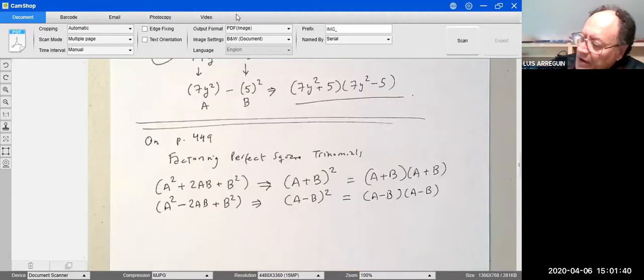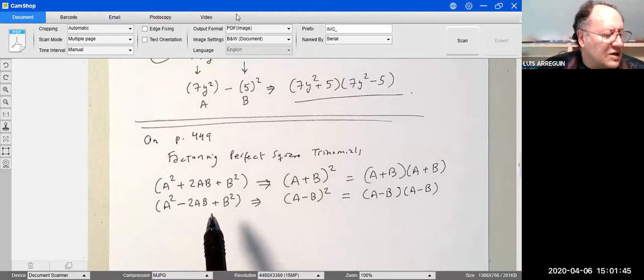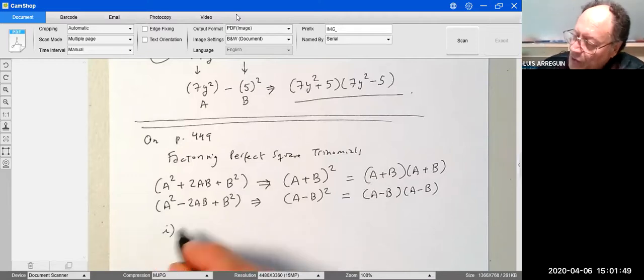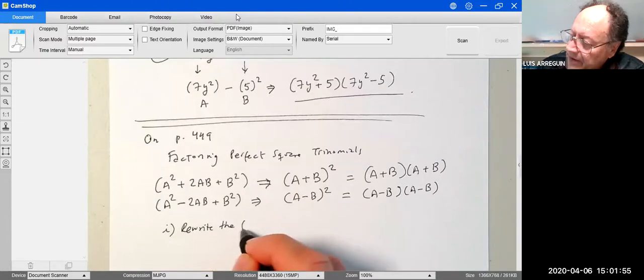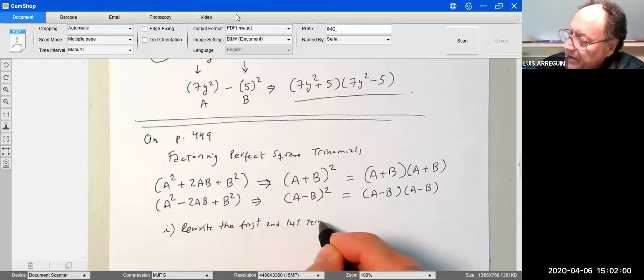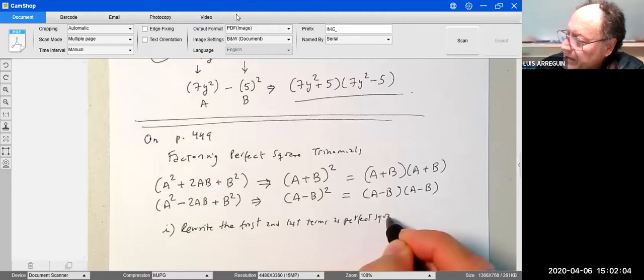The way that we're going to do this is very similar to the way that we did the previous one. We need to check that the first and the last term are perfect squares. So the first thing is just rewrite the first and last terms as perfect squares.